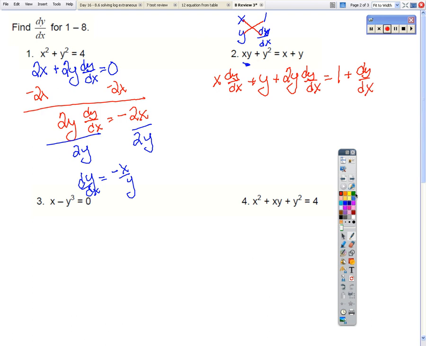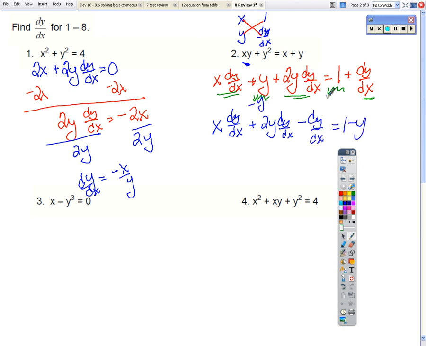Now I want to get all of the dy/dx's on one side and everything else on the other. So I'm going to subtract this dy/dx to this side, and I'm going to subtract this y to this side.